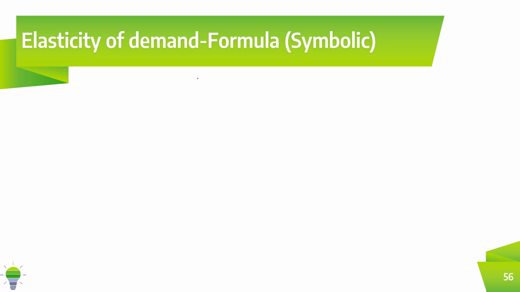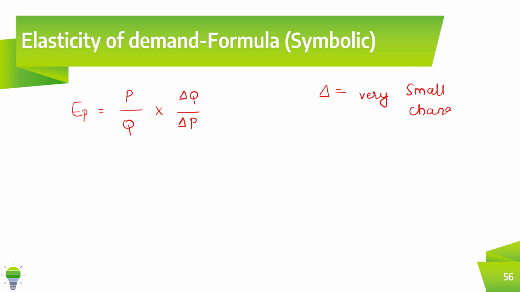So symbolically, how could it be written? It could be written as price upon quantity multiplied by change in quantity upon change in price. Price elasticity equal to. Delta denotes very small change. I believe it is clear.